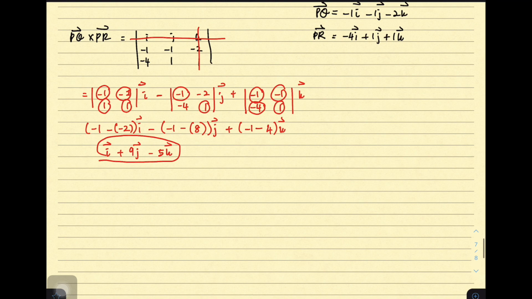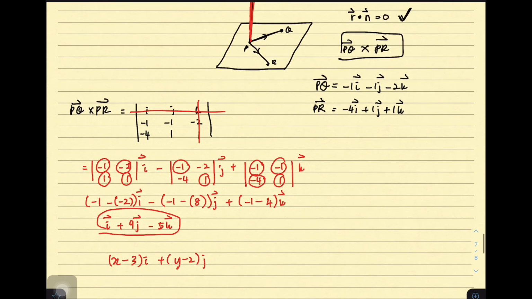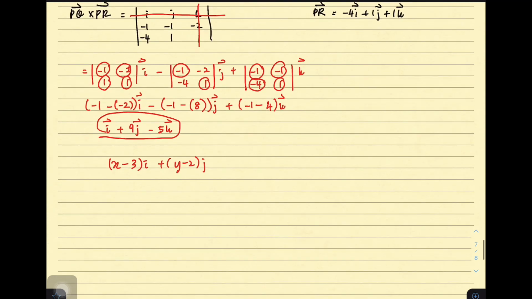So the vector on the plane will be x minus 3 i plus y minus 2 j plus z minus 1 k. So this is the vector that lies on the plane.